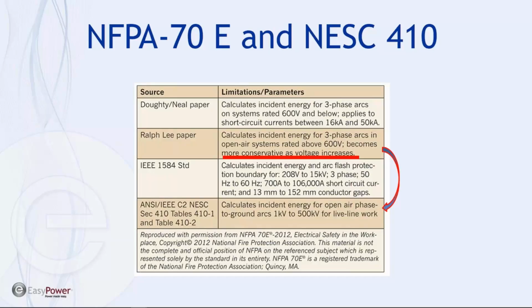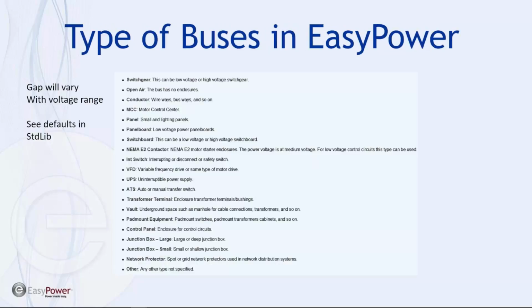So what does EasyPower do with all this information? Well, first of all, there are a number of different types of buses, and as the voltage changes, the default gap will vary on each of these buses, and the gap itself that's used for predicting the arc is different between each of these types of buses, and as the voltage increases, that gap will increase.